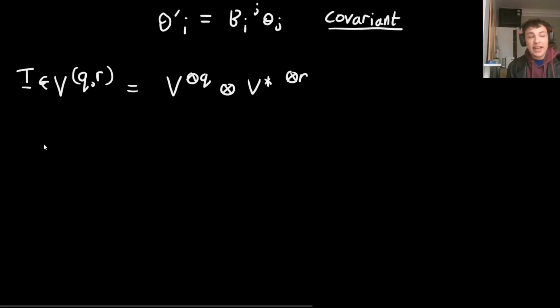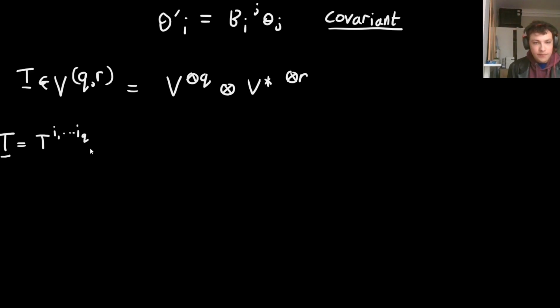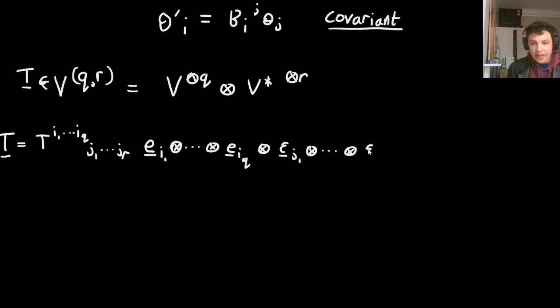And so writing it out in the standard basis, we have that T is equal to the components T^{I1...IQ}_{J1...JR} times the basis element, which is e_{I1} tensor up to e_{IQ} tensor epsilon^{J1} tensor up to epsilon^{JR}. Okay.